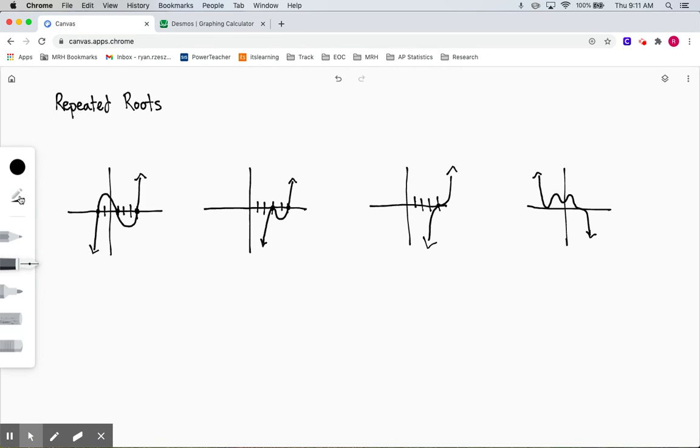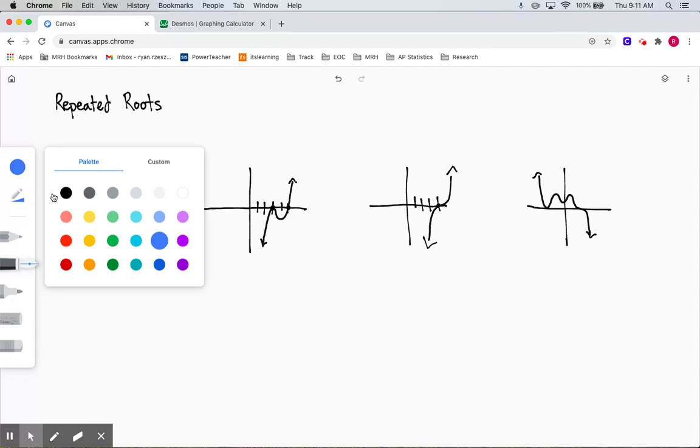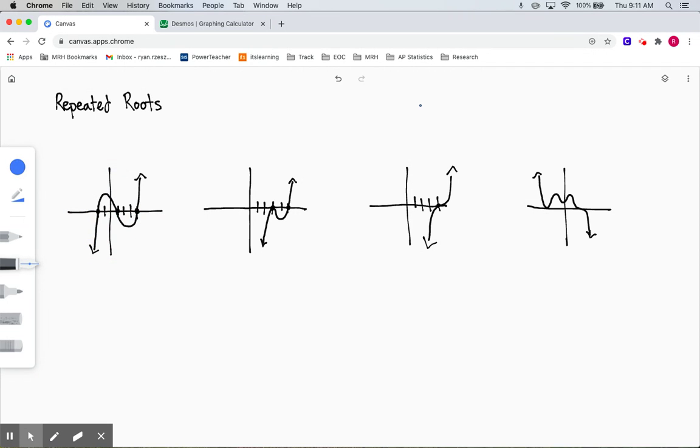I have a few quick pictures to show you what's going on. These pictures, I do want you to copy down. If I look at this first picture, each of these roots crosses through nicely, so each root only occurs once.